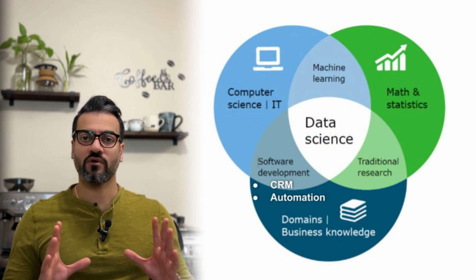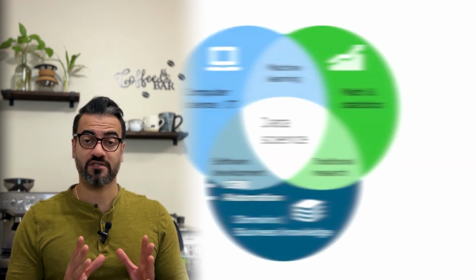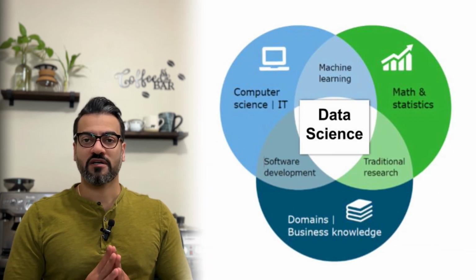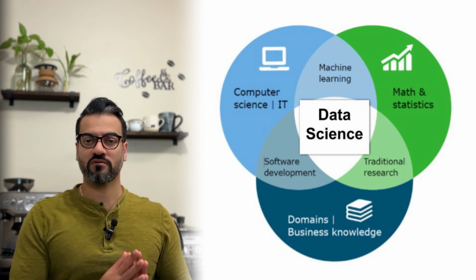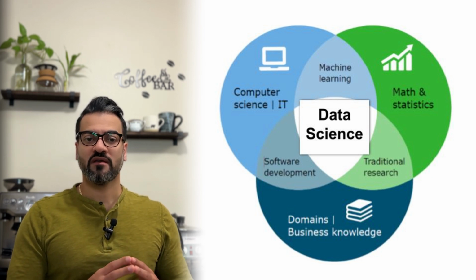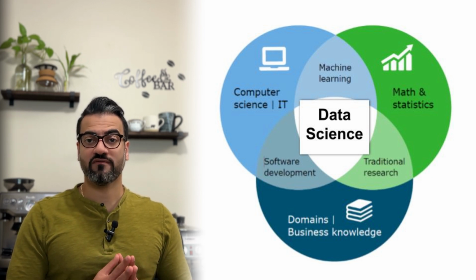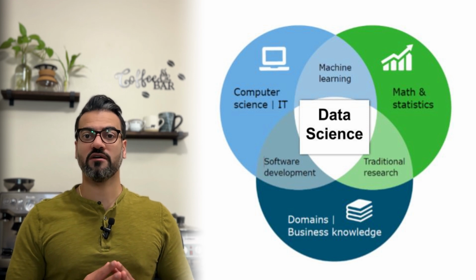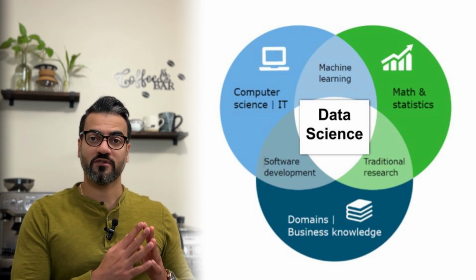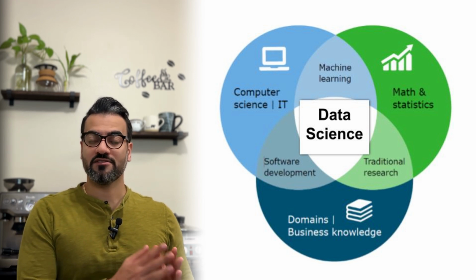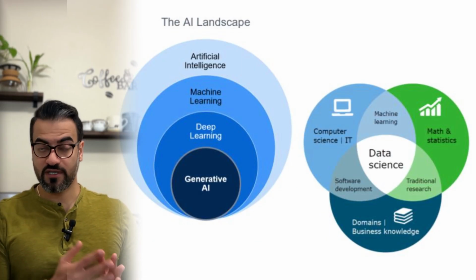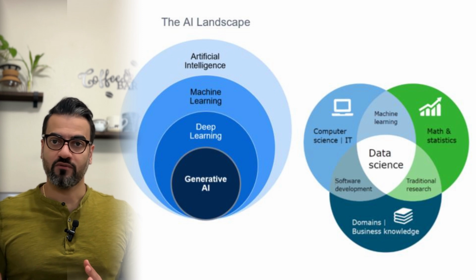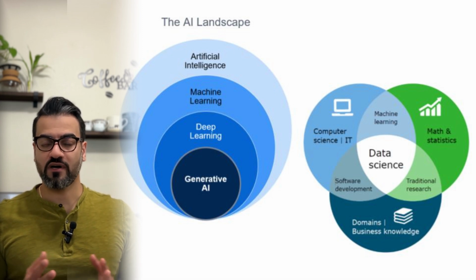So all these three go under data science, and data science is very important for a lot of businesses, especially for more mature enterprises, larger organizations that have many years of historical data. It's best for them to start with data science and then transition to more modern AI technologies like deep learning or generative AI for generating content.